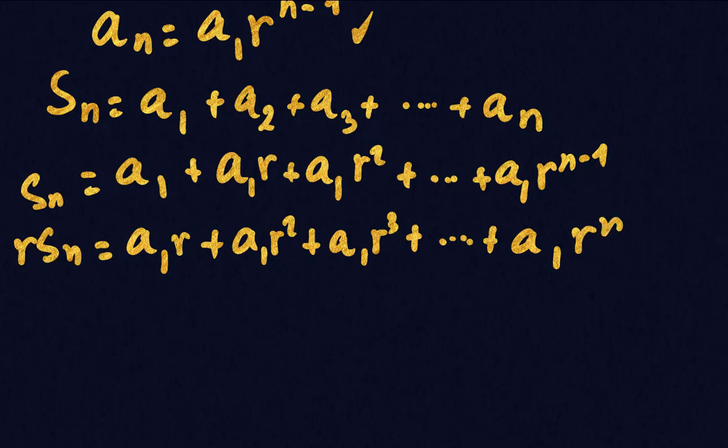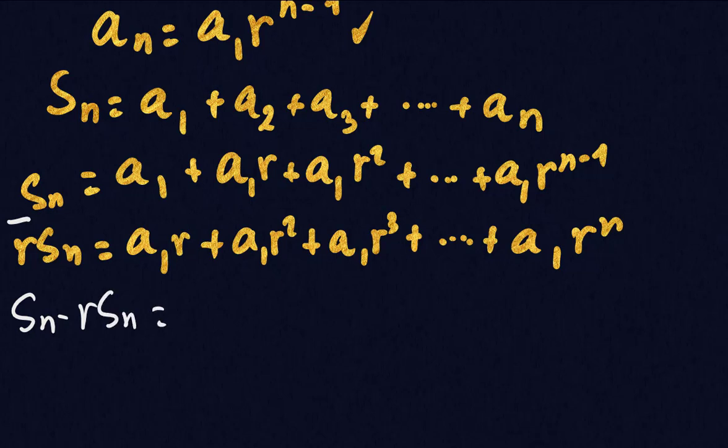Now we have two equations here. If we subtract these two, we get something very interesting. On the first side, we will say Sn minus R times Sn. Very good. So far so good.